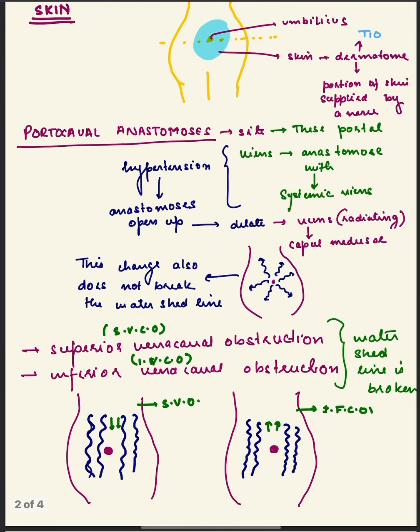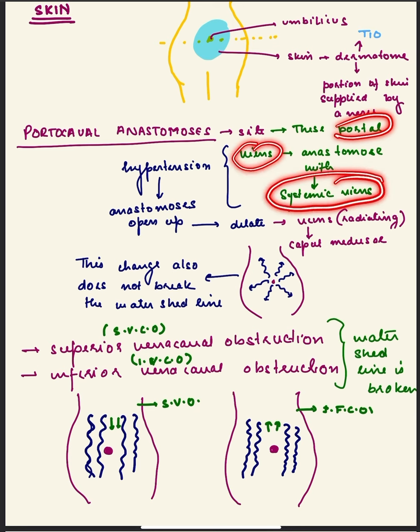Now, portocaval anastomosis. Portocaval anastomosis is the anastomosis between systemic veins and portal veins, and the site of this anastomosis is the umbilicus. So we can say that the umbilicus is the site where the anastomosis takes place between portal veins and systemic veins.